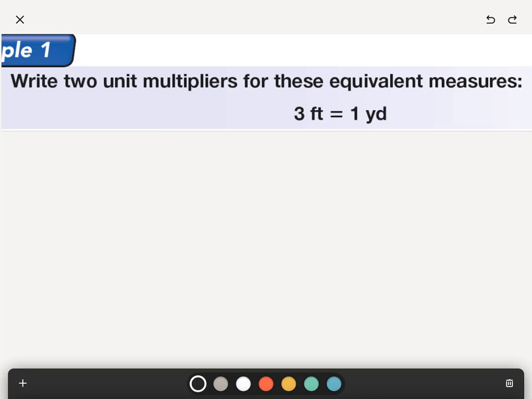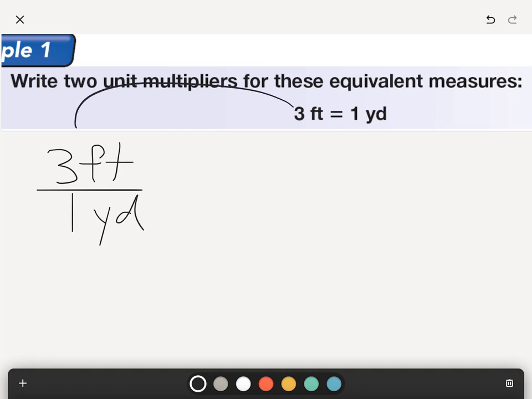So if I were to do exactly what this is saying, then I would say 3 feet is equivalent to 1 yard, right? So that's how you would say that.